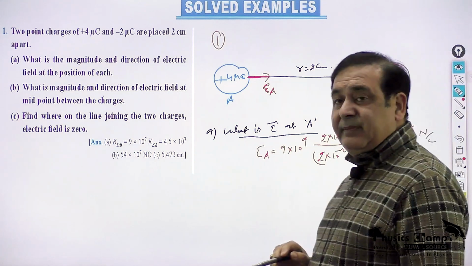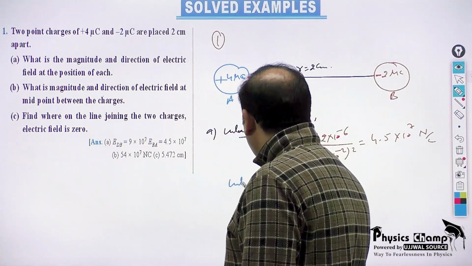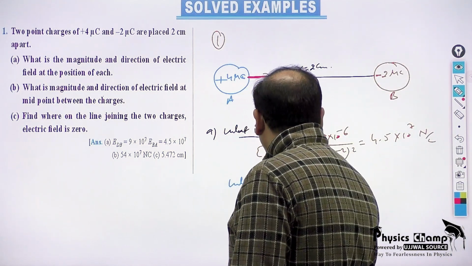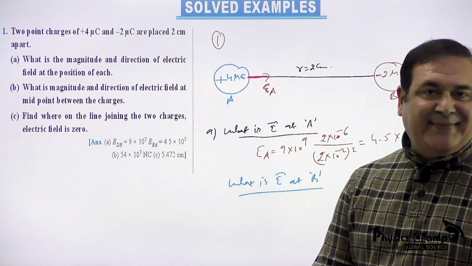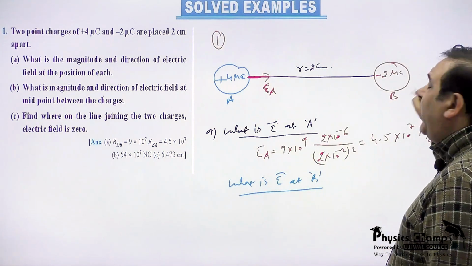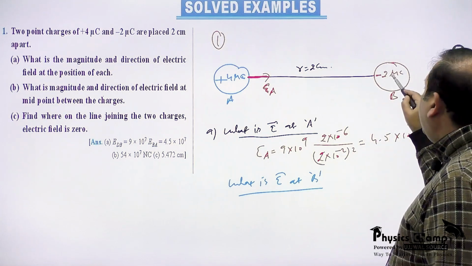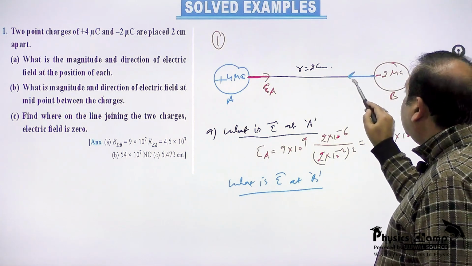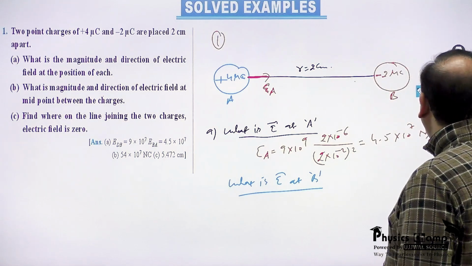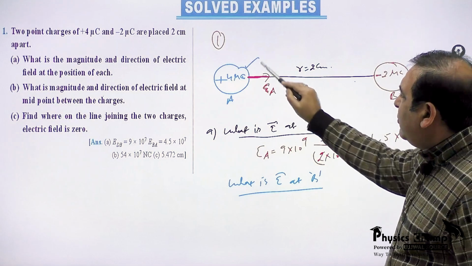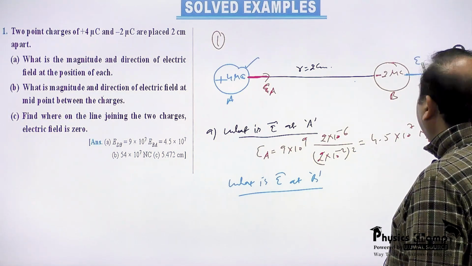And second, what is electric field at B? Again, this is important to learn. No charge will provide electric field on its own. So at B, if there is any electric field, it is only due to the other charge, and that also has to be repulsive, because this plus 4 microcoulomb will provide the field here.